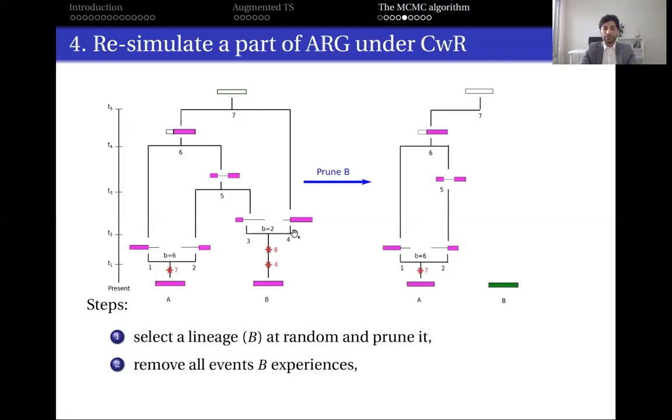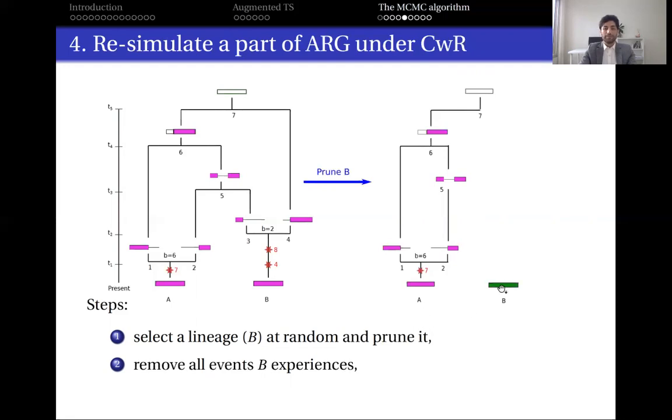So here we remove this recombination event, and as a result of that, we remove this coalescence event. And again, as a result of this, we remove the coalescence event at time T5. And then this is the current state of the ARG.